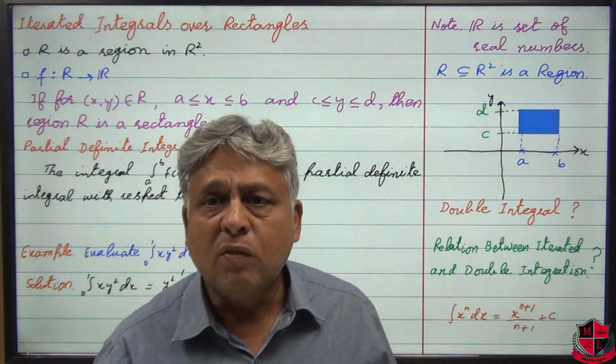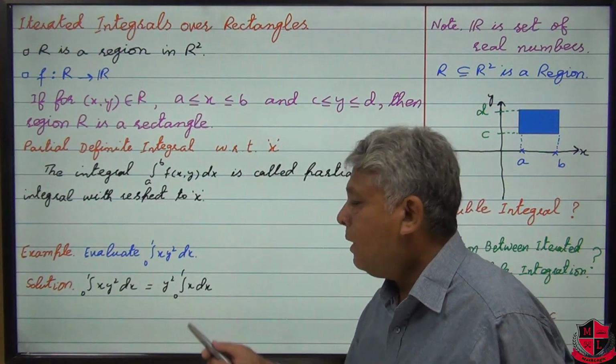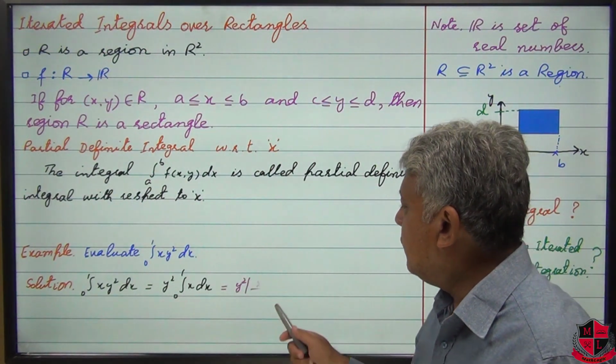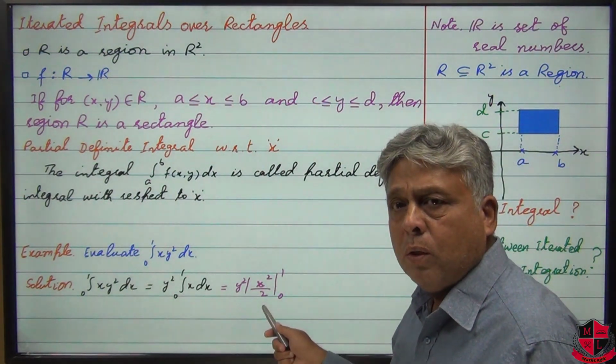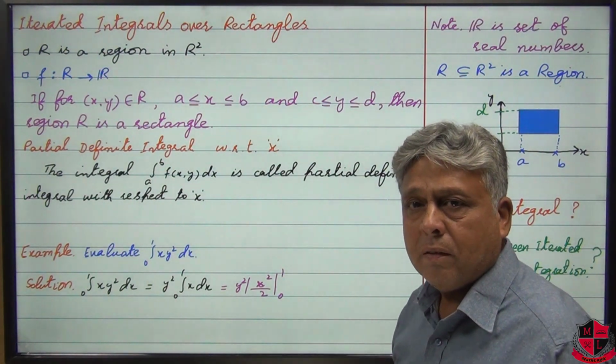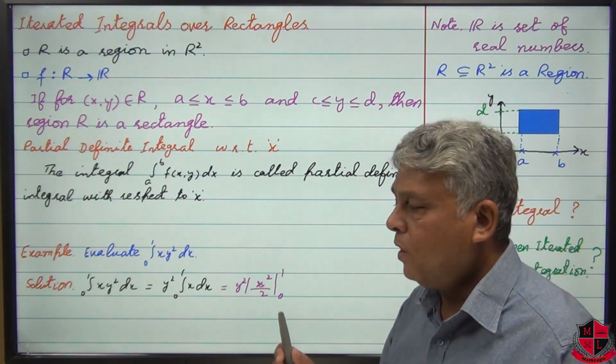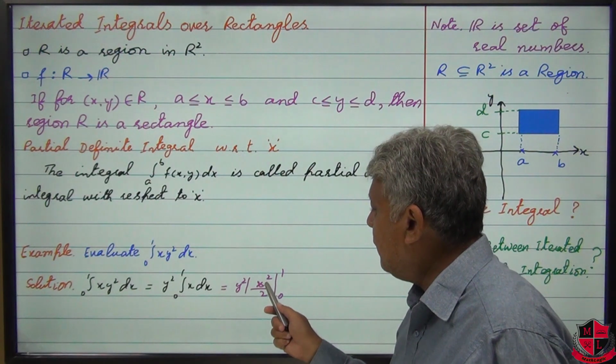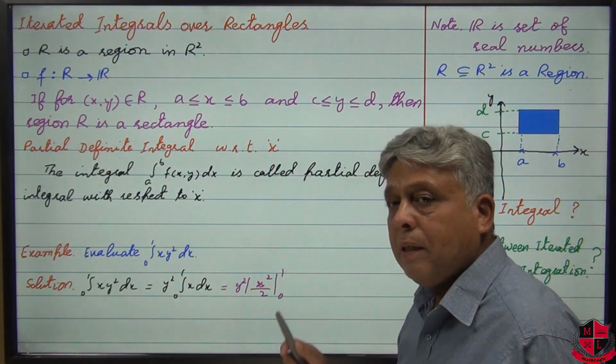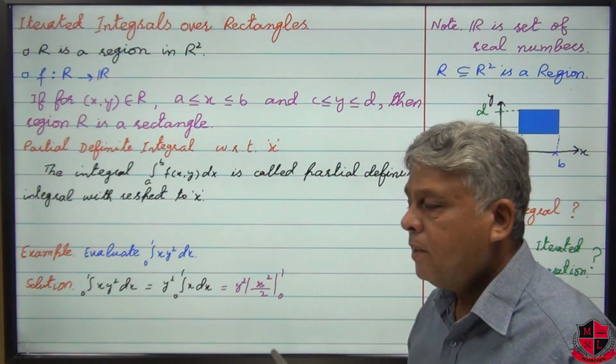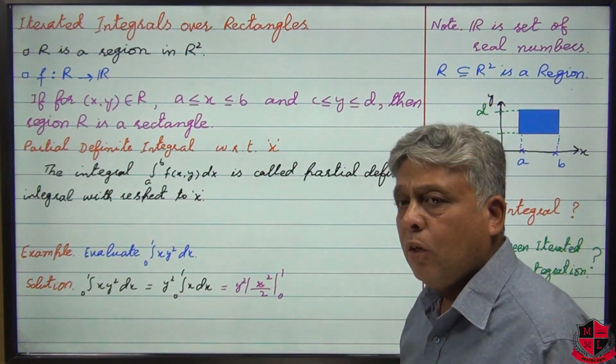If we use this formula and evaluate this integral, the answer will be x square over 2 and the limits will be 0 to 1. And how shall we solve these limits? Replace the variable x by the upper limit minus replace the variable x by the lower limit.